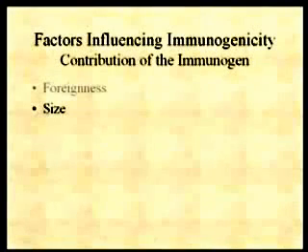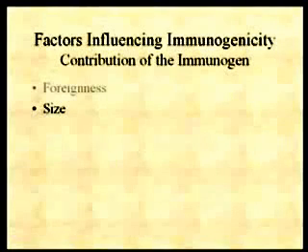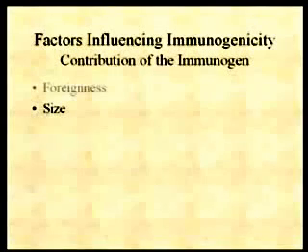Molecules below 1,000 can act as a hapten, but they're not going to be immunogenic. Things in between 1,000 and 10,000 may be weak immunogens, they may be fair, so it's difficult to say. But if you go over 10,000, there's a good chance that it's going to be a very good immunogen. So size is particularly important.